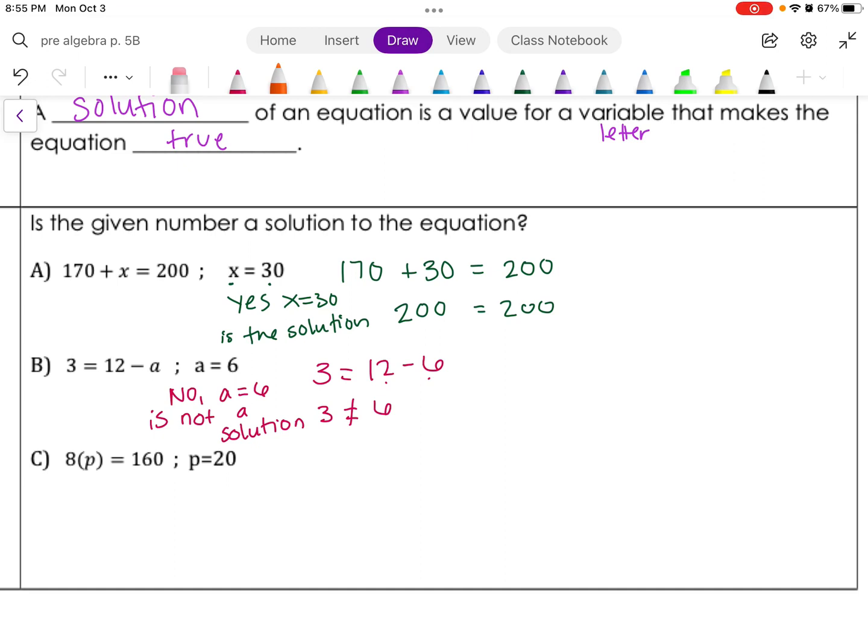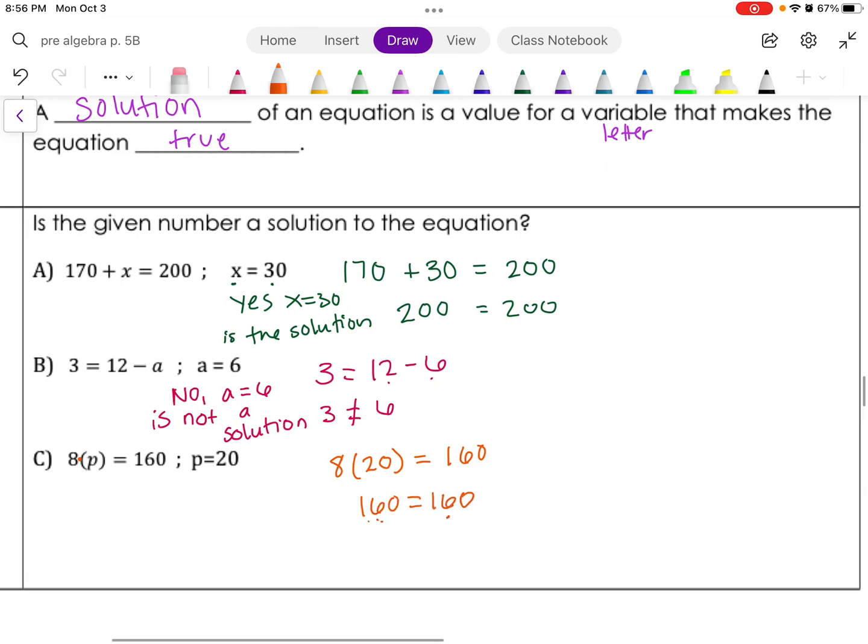Letter C, 8 times P. Remember, when the number and the parentheses are right next to each other like that, it's implied multiplication. 8 times P equals 160. We want to know if P could be 20. So we're really asking, is 8 times 20 160? Let's think about this. 8 times 2 is 16, so 8 times 20 would in fact be 160. So it made it true.